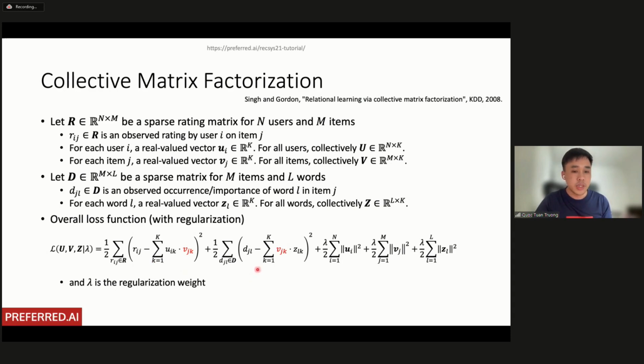The second term is also a factorization, but for the D matrix, the item and word matrix. And if you notice here, the item latent factors are shared between these two factorizations. Because of that, the information learned from the item-word matrix influences the estimation of the ratings. So that's the idea of this model.